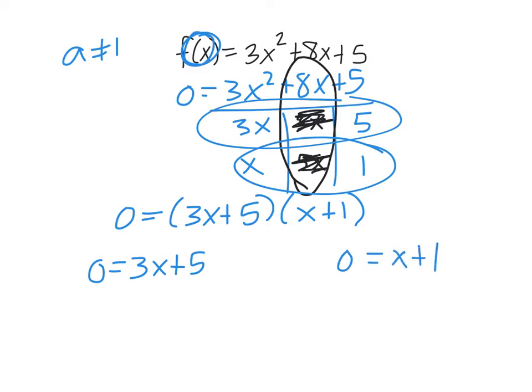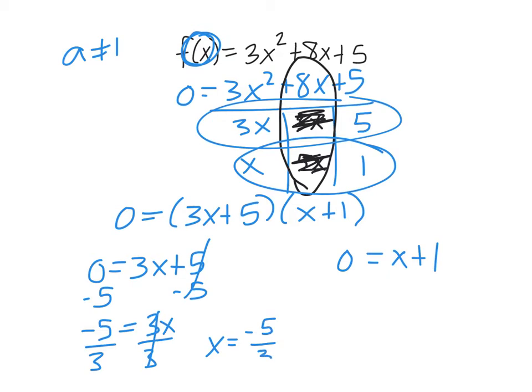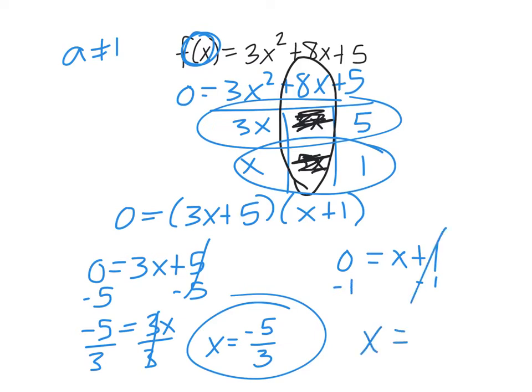As I solve for x, I subtract 5 on both sides. Negative 5 equals 3x. Divide both sides by 3. You get x equals negative 5/3. That's my first solution. My next one, I subtract the 1 over, and I get x equals negative 1.